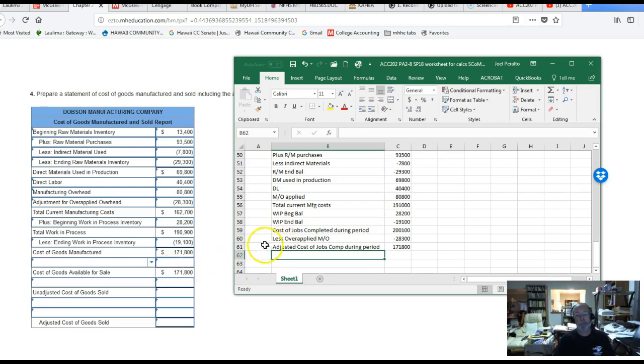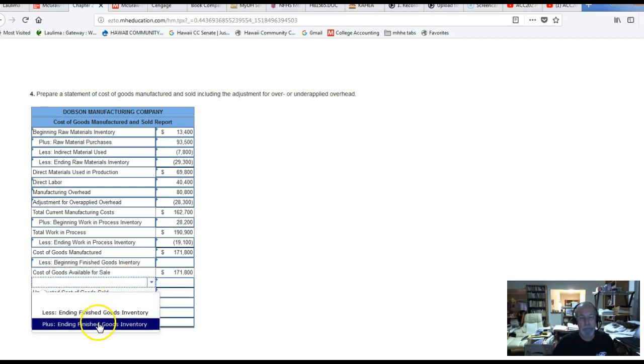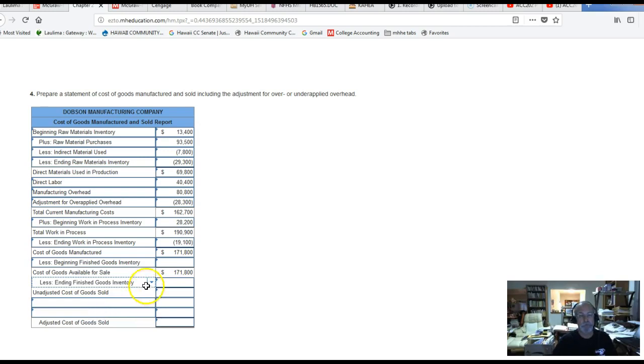Now we need to incorporate the information for finished goods, and basically what it means is that we show beginning finished goods inventory as a positive amount and ending finished goods inventory as a negative amount. So beginning finished goods inventory and ending finished goods inventory.